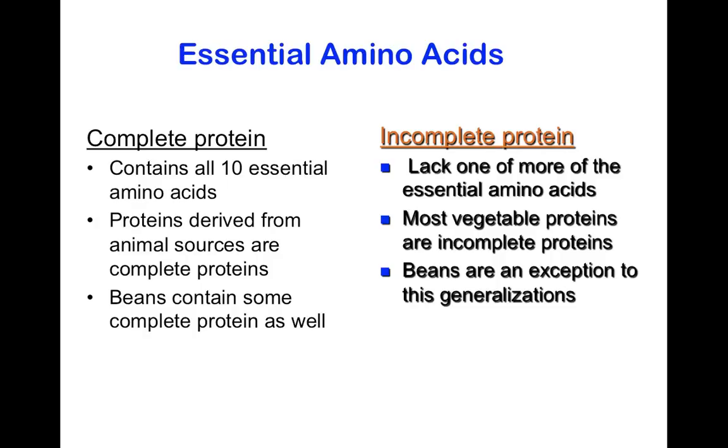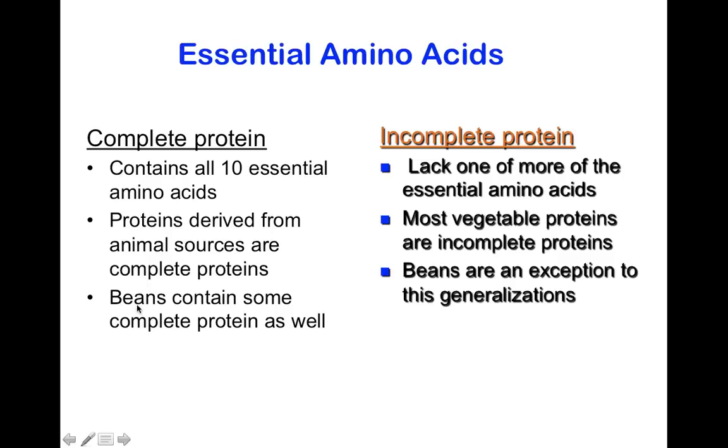So you have a complete protein and an incomplete protein. The complete protein contains all 10 essential amino acids. And we see that animal sources are an excellent source for complete protein. So animal sources are the way to go in terms of getting complete proteins.